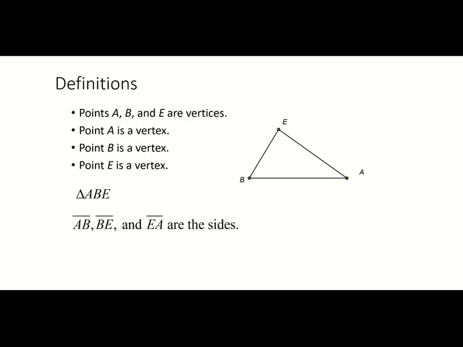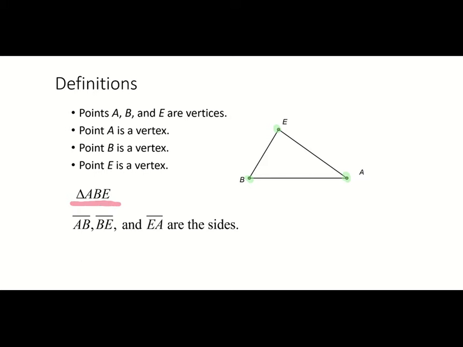Okay, and here is just a picture to show the different parts of the triangle. So again, remember, we have points A, B, and E, which are our vertices, or singular, vertex, to the angle formed by the two sides. When you name a triangle, you put a little triangle symbol in the front and you name it by the three vertices.